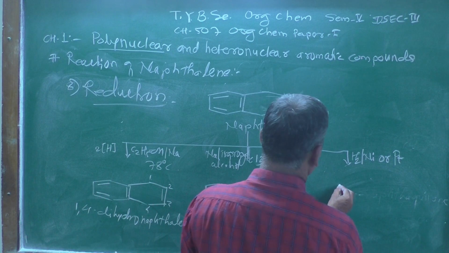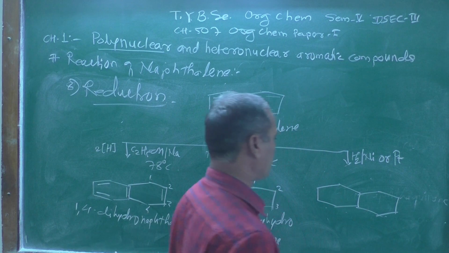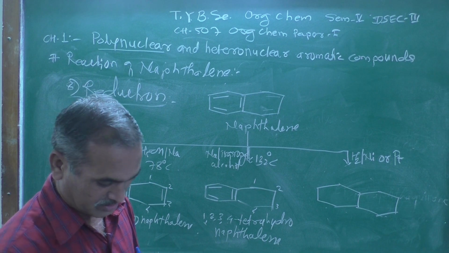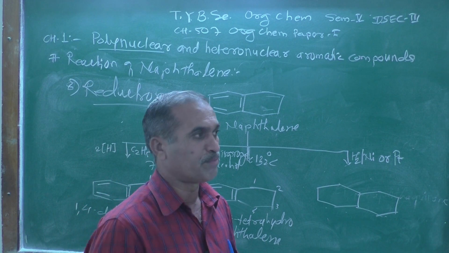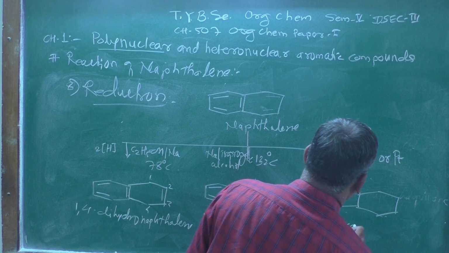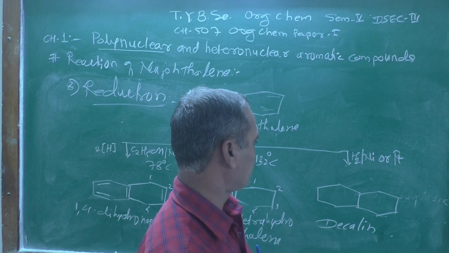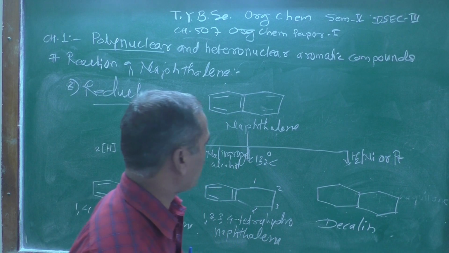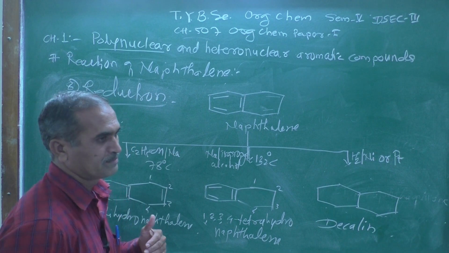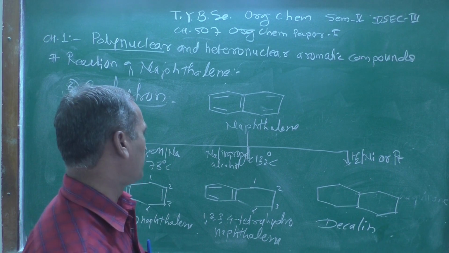The naphthalene is completely reduced over here and the compound becomes saturated. The common name of this compound is decalin, which we can obtain very easily by using these different proper reagents and maintaining the proper reaction condition.